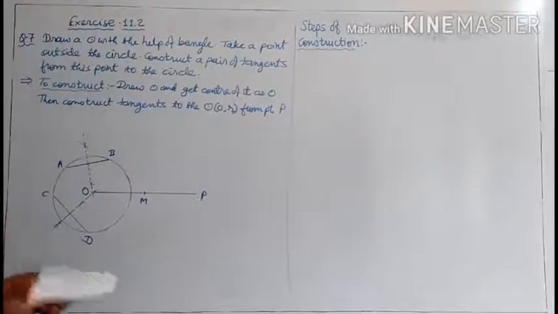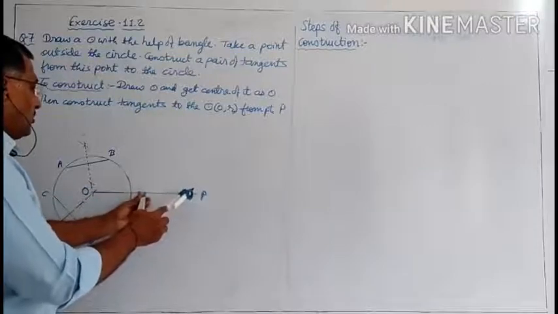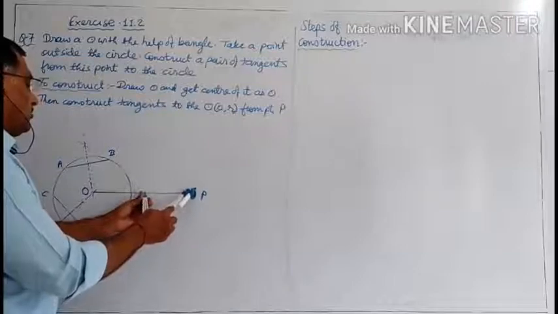So taking M as the center and the radius equal to PM or OM, draw the circle. That will intersect the given circle at 2 points.